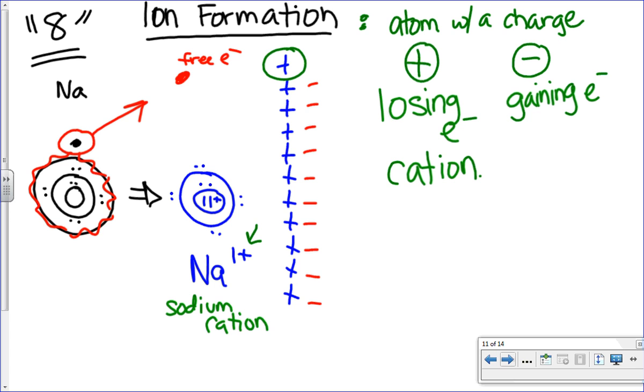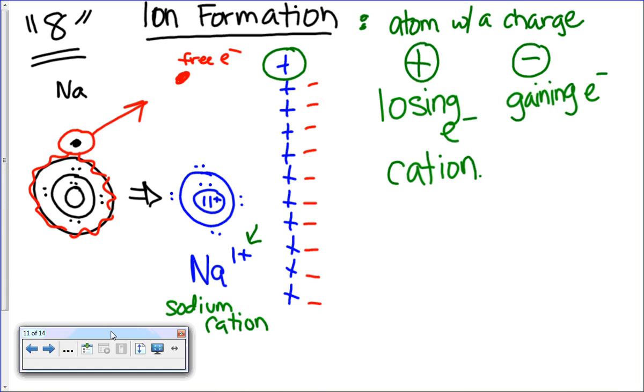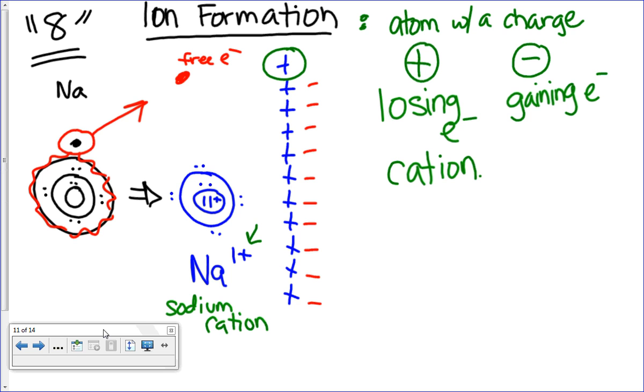How many electrons is chlorine going to have? 17. Okay? So chlorine has 17. On its first energy level, there are 2. Second energy level, there will be 10. And on the third energy level, in order to get to 17, there will be 7 electrons.